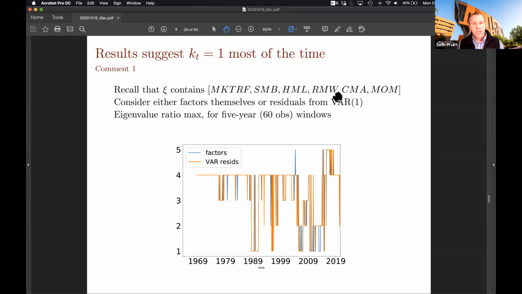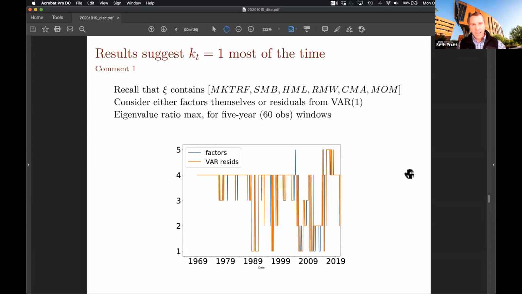If I was just looking at these 6 portfolios and looked at the eigenvalue ratio maximum, you can see that over time, in this rolling window sense, the residuals from a VAR, or just the factors themselves over the last 5 years, would suggest that there are, well, it's bouncing around, but between 3 and 4 factors a lot of the time.